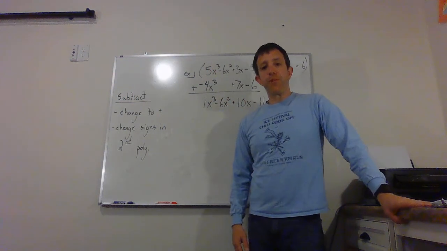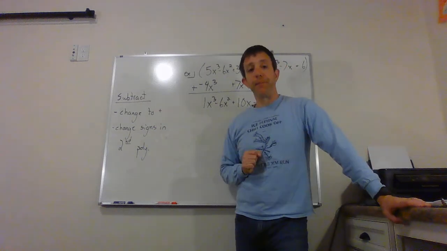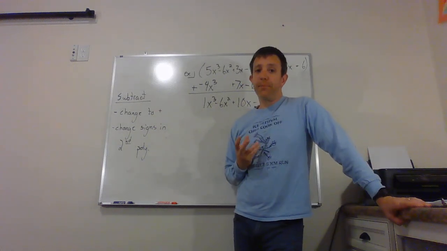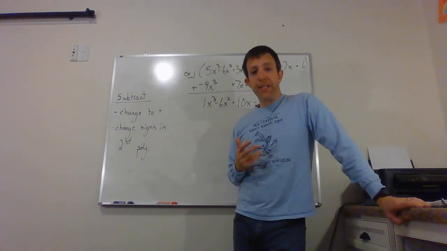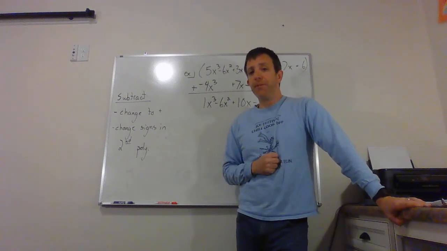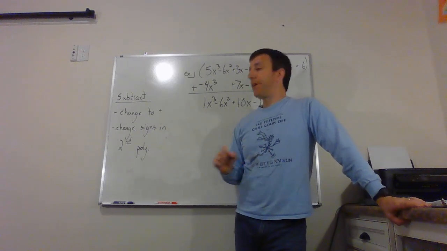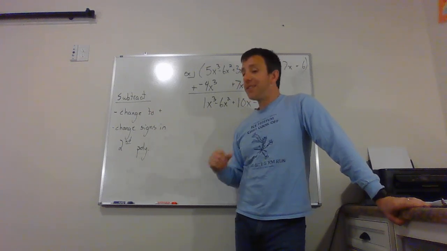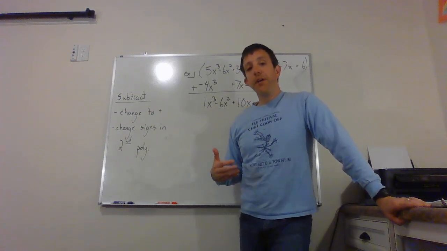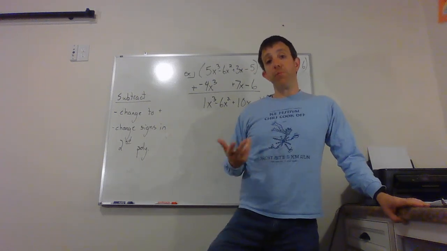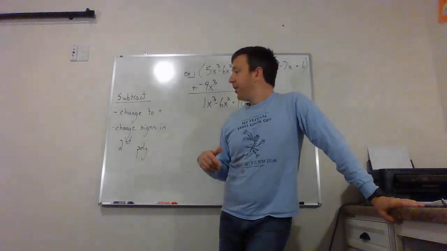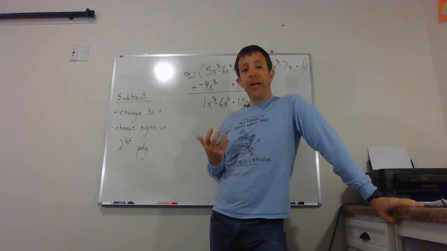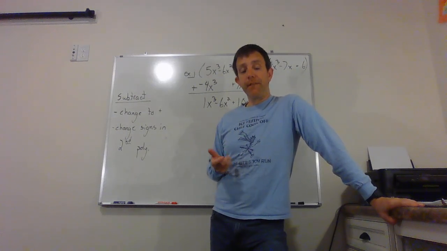Okay, so for subtraction, I am going to recommend a couple of things. My goal here is to make your life just a little bit easier and to make your answers just a little bit righter, which should be a wonderful combination. First, change the problem to addition and change the signs in the second polynomial. So this goes back to how, way back in chapter 1, we learned how to add and subtract with positive and negative numbers.